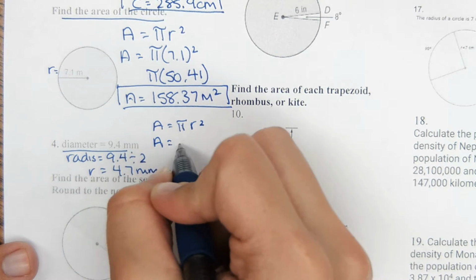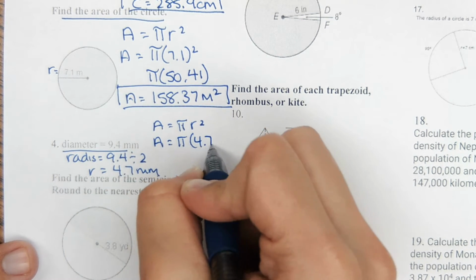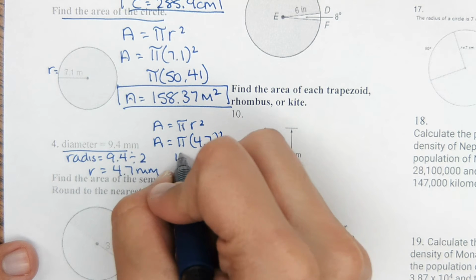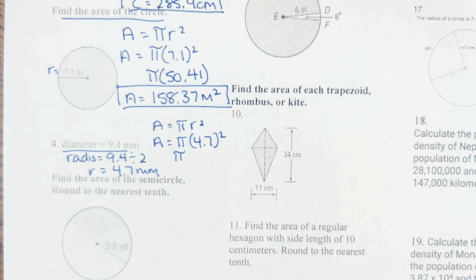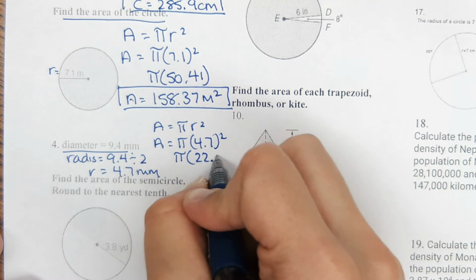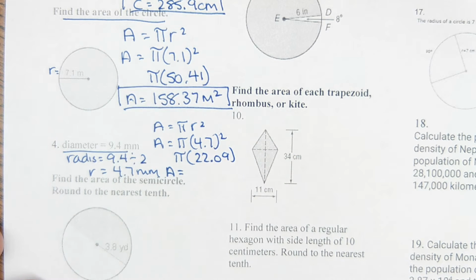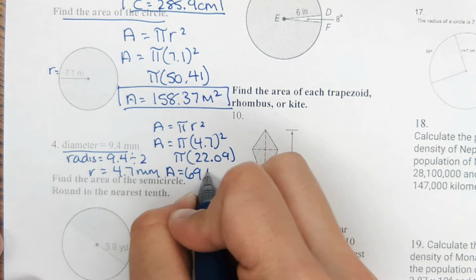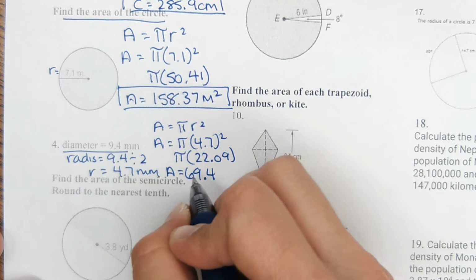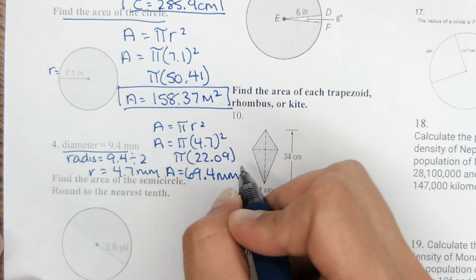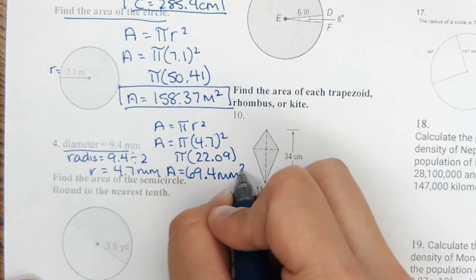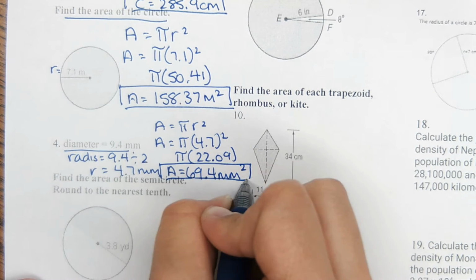So area equals pi 4.7 squared. 4.7 squared is 22.09. And this is the answer here.